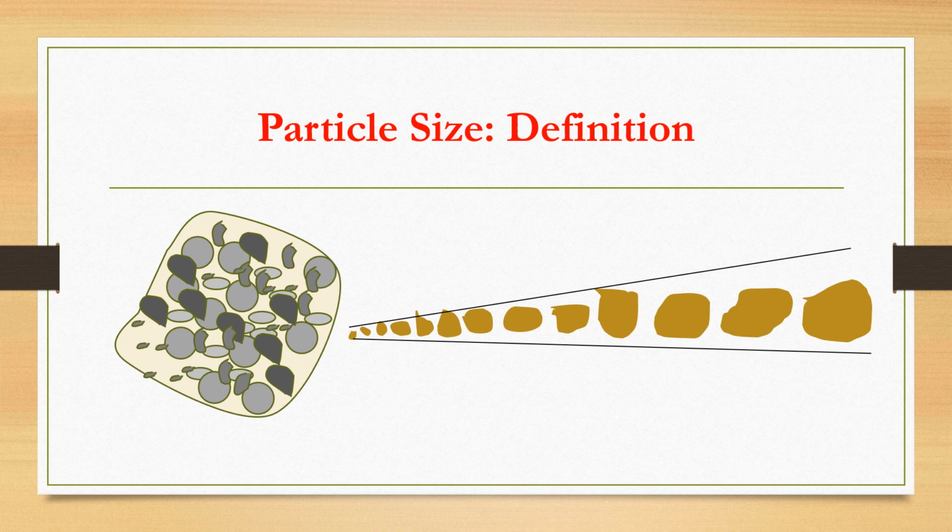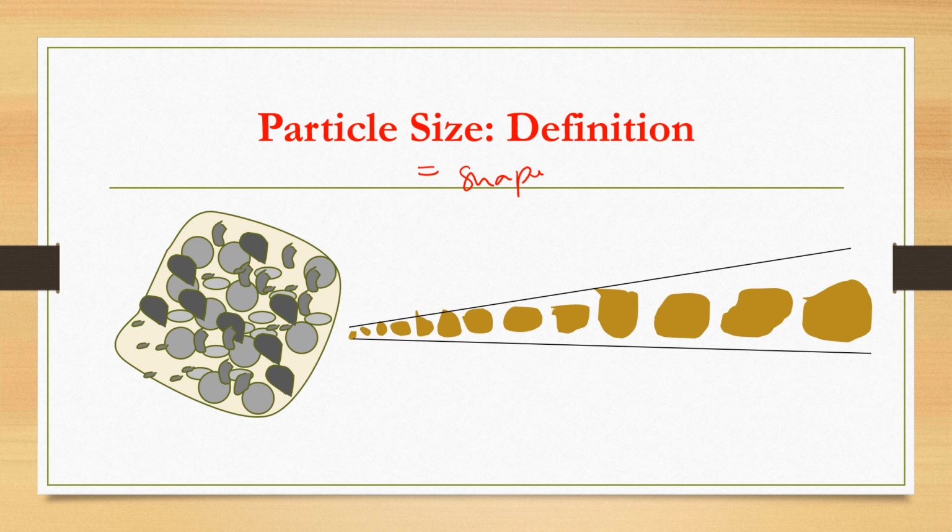Soil sample in natural condition normally has various sizes of particle. So what are the definitions of particle size? When analyzing each grain, you will notice that not only do they have different sizes but they also come with different shapes. So size and shapes are actually related to each other.